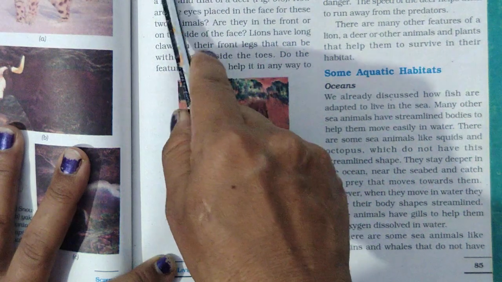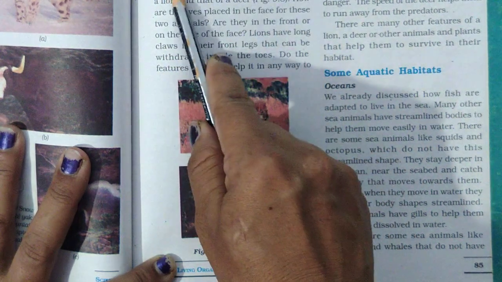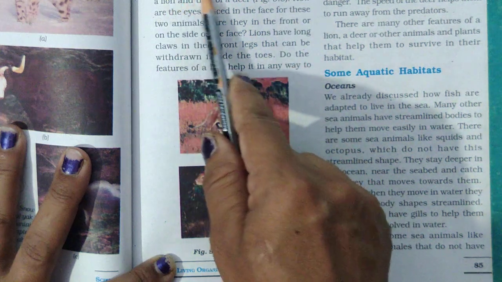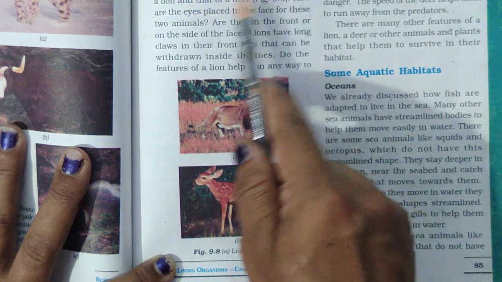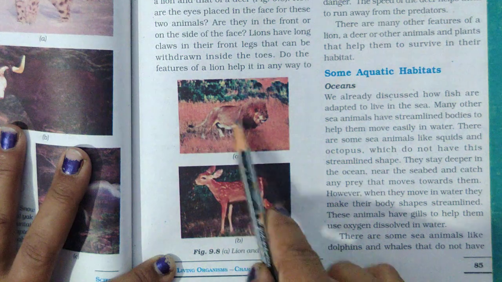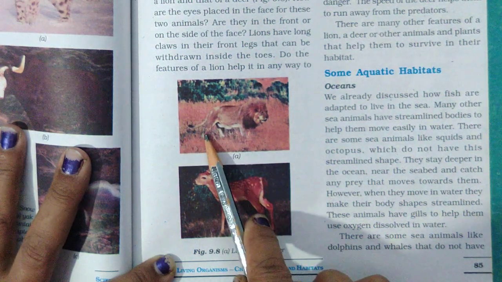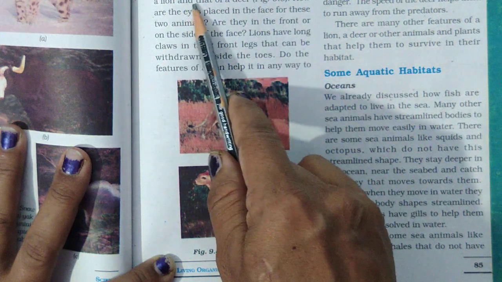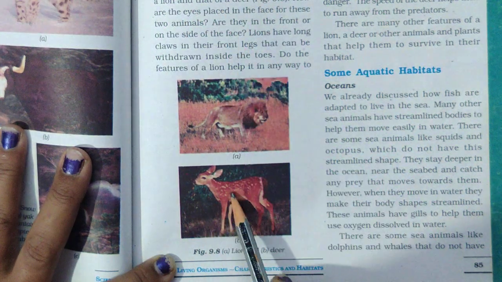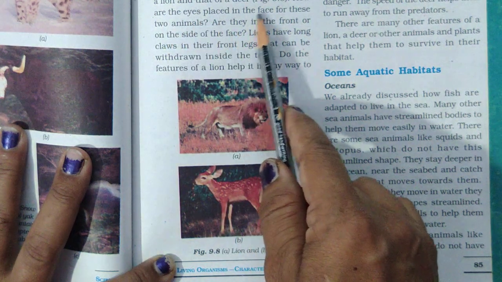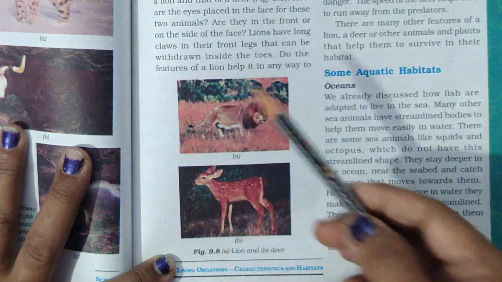See, so lion lives in forests of grassland and it is a strong animal that can hunt and kill animals like deer. It is light brown in color. As I told you, the color is the same as the surroundings. Look at the picture of lion and that of deer. How are the eyes placed in the face of these two animals?